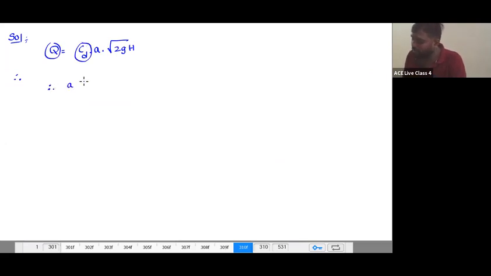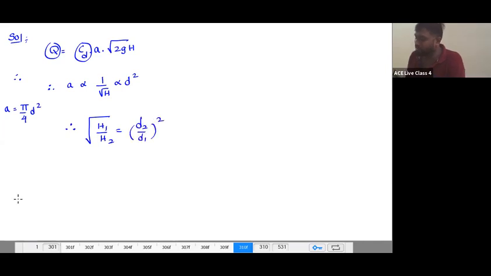So here A is inversely proportional to root H, and A is directly proportional to D square, because area is nothing but pi by 4 D square. Yes or no? So from here I can write root of H1 by H2 is equals to D2 by D1 whole square.